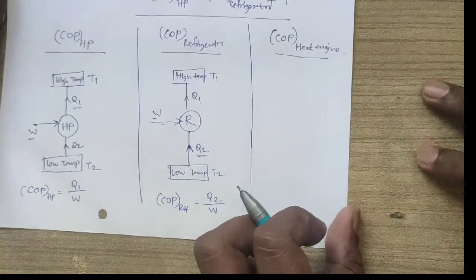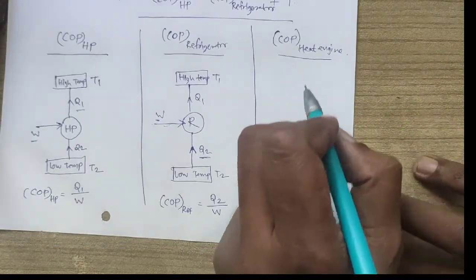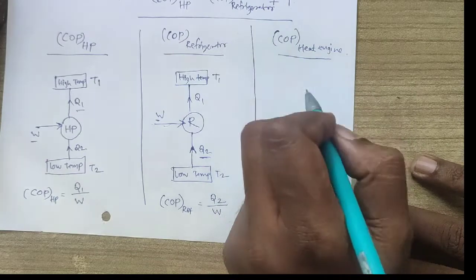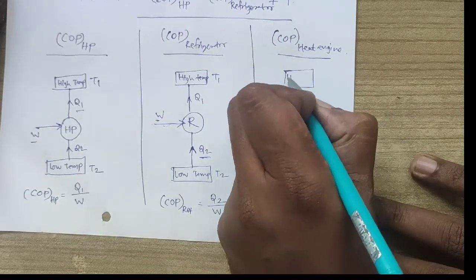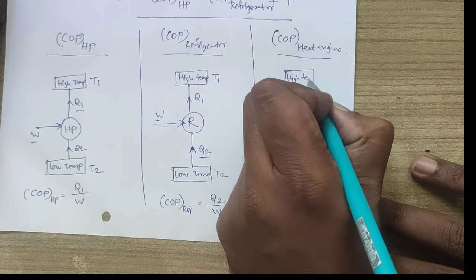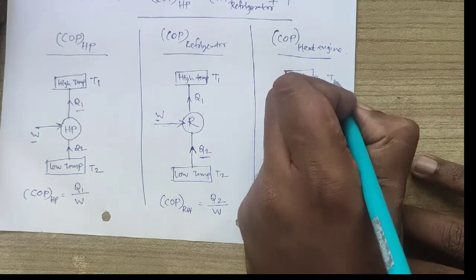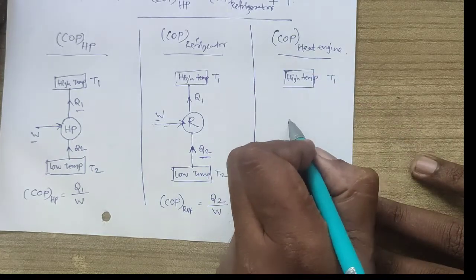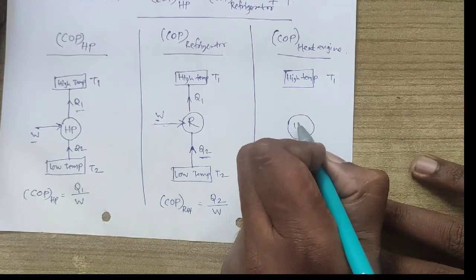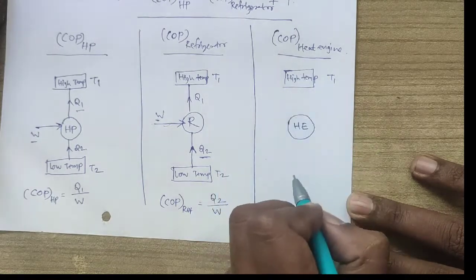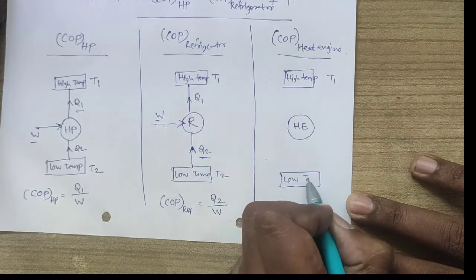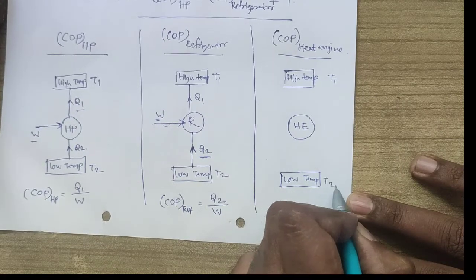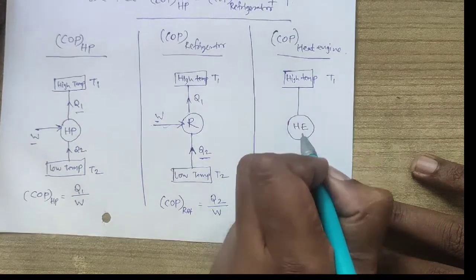Now COP of heat engine. Here we are supplying energy to the engine, and with the help of this heat energy, the engine will produce work. There is a high temperature reservoir and a low temperature reservoir T2.